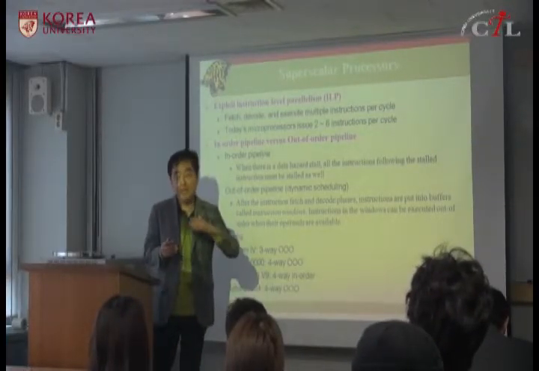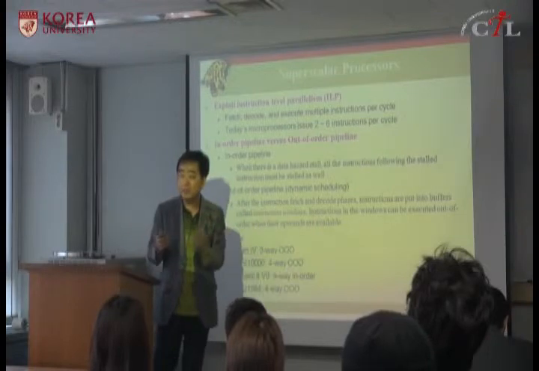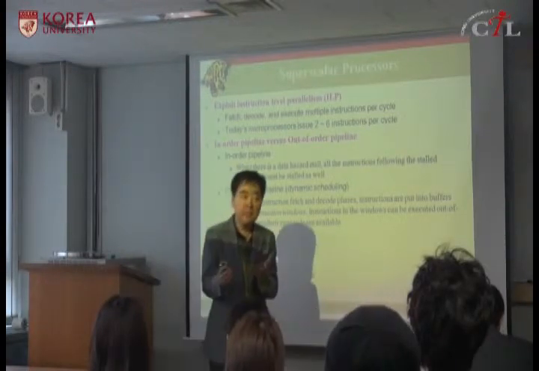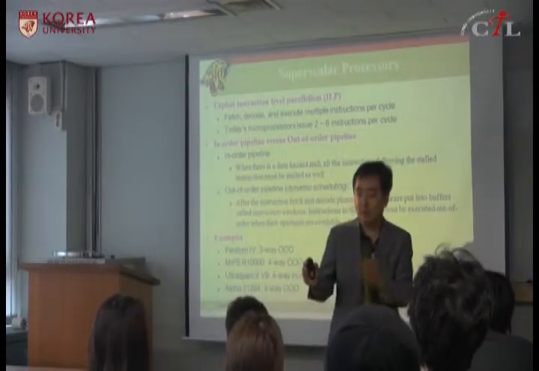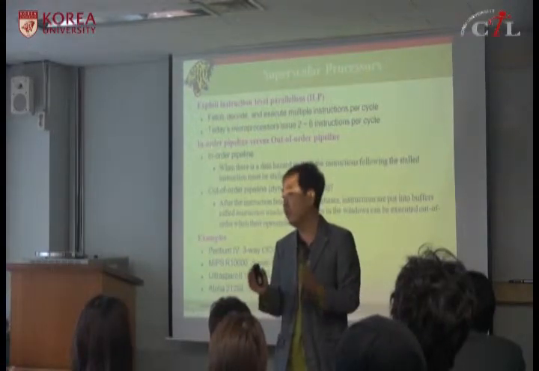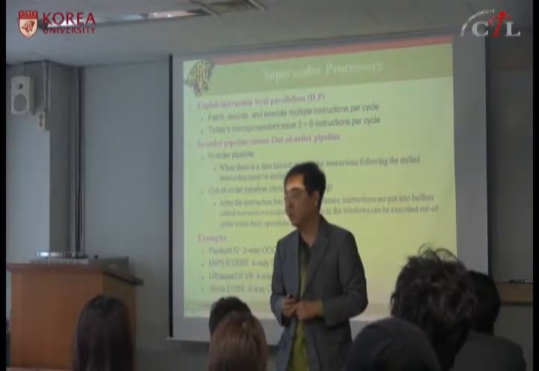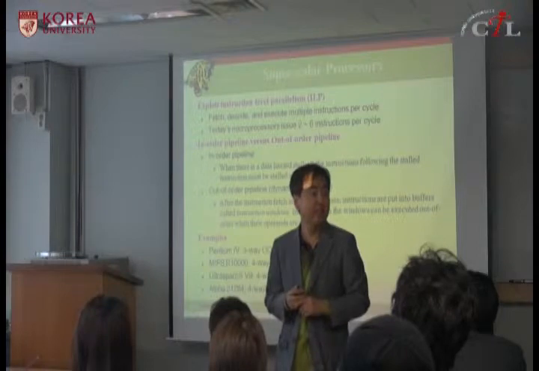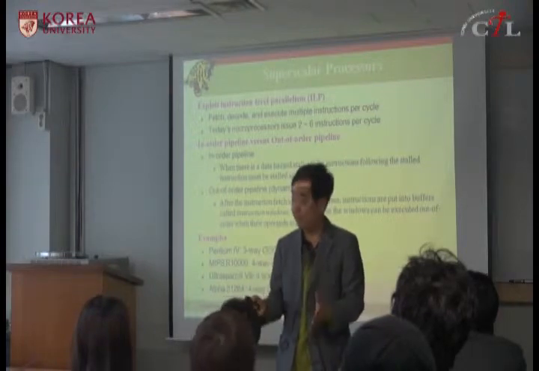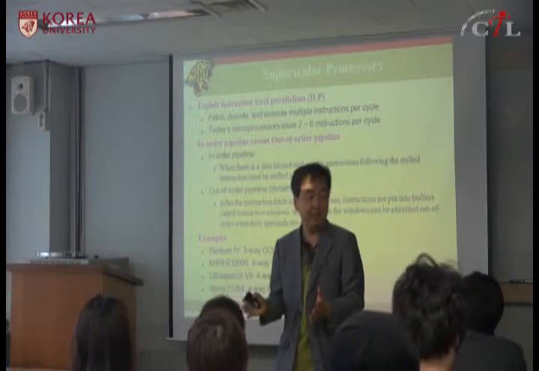Every 10 years we have a new generation. We start from the mainframe, and who is the leader in the mainframe business? Which company? IBM. One of the biggest computer companies.